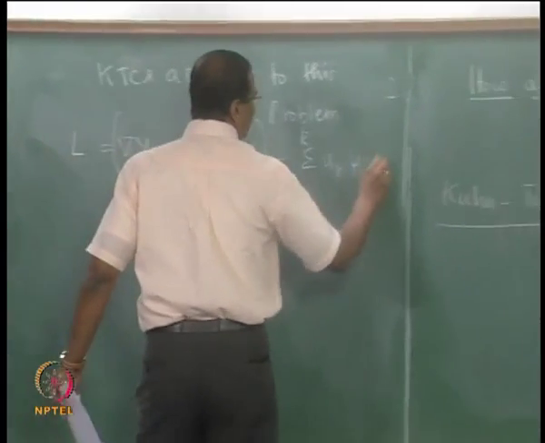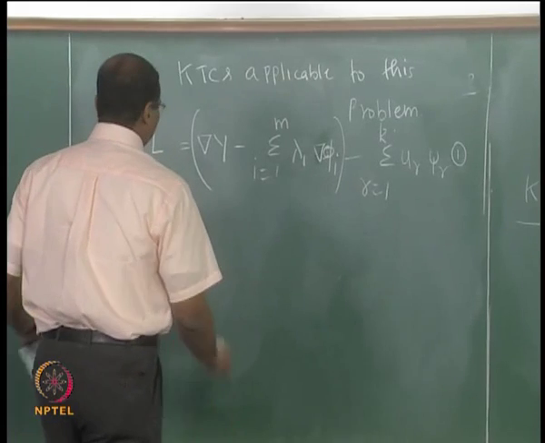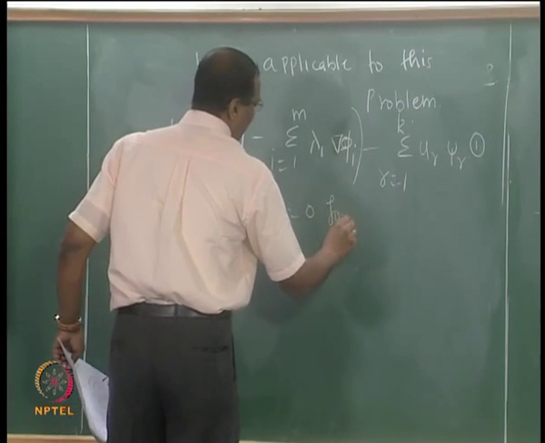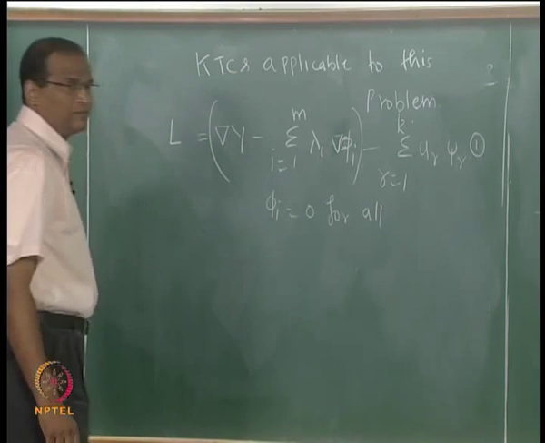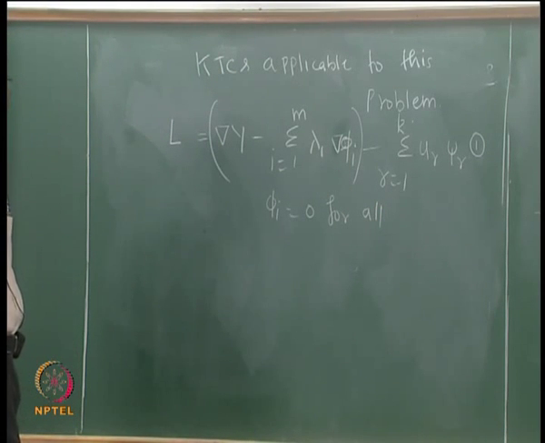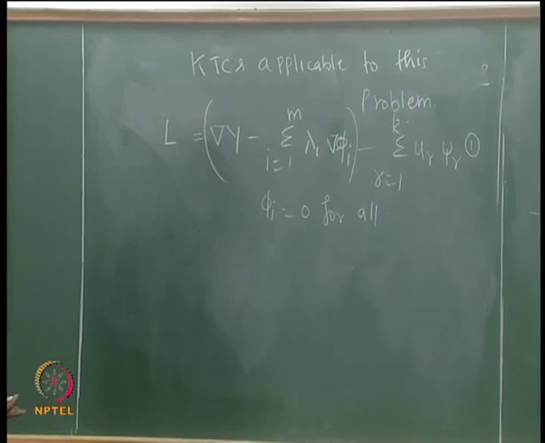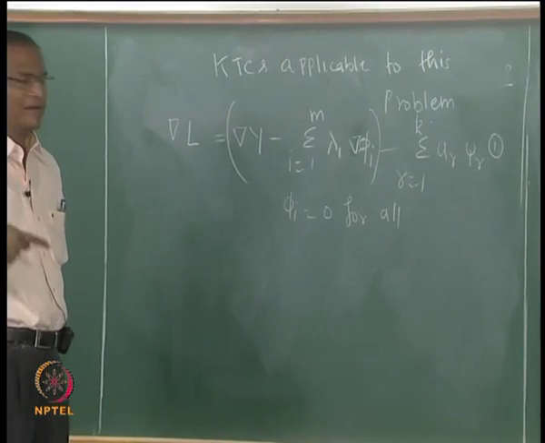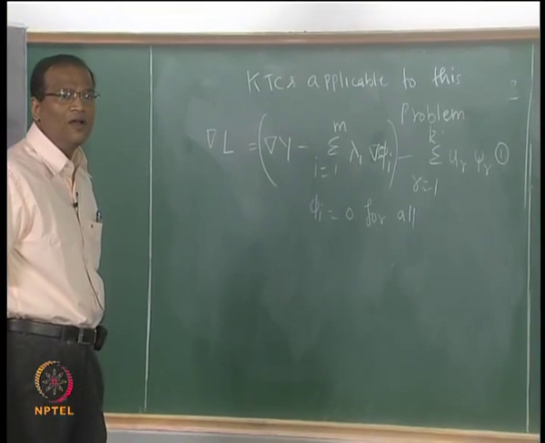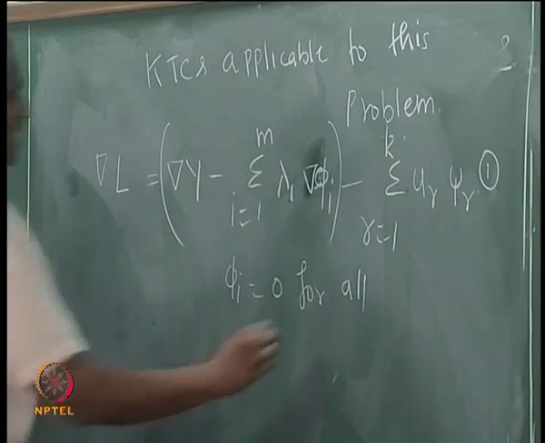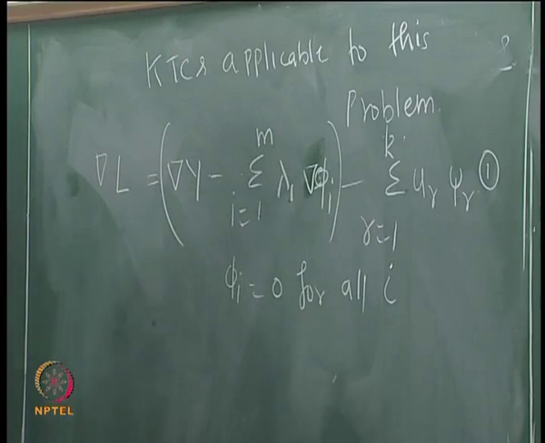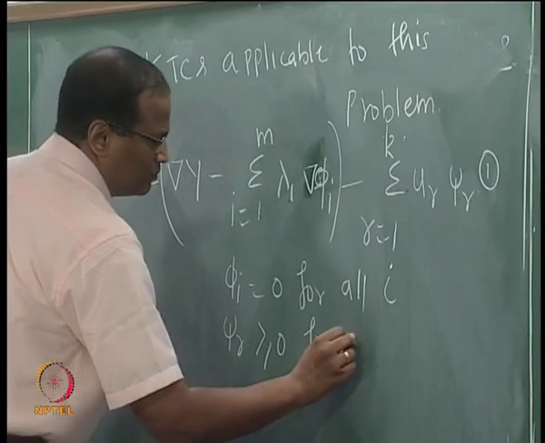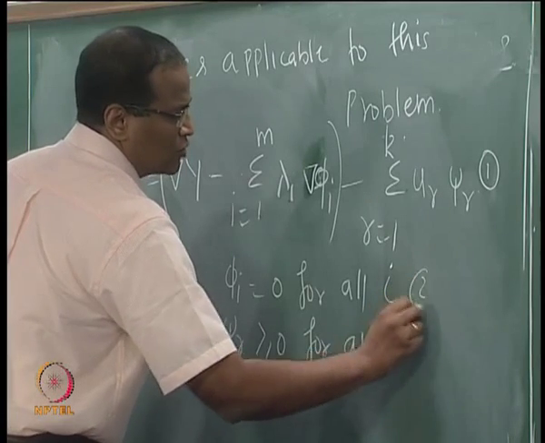We can call this equation 1. Then phi i is equal to 0 for all i, that is i equal to 1 to m, then psi r is greater than or equal to 0 for all r. I will put these as equations 2 and 3.